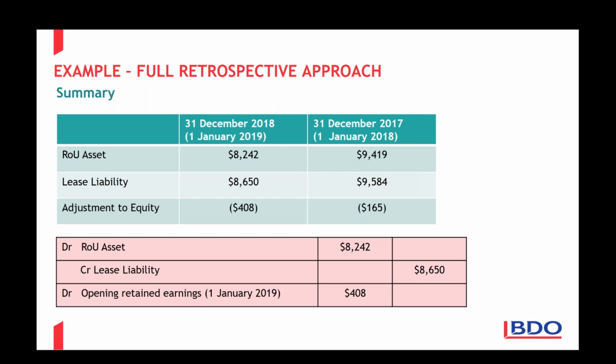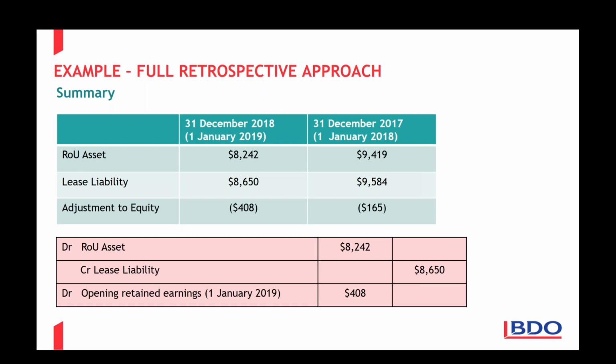However, when you start to disclose it in your financial statements, you will disclose for the current year the depreciation for that year, and you'll disclose the interest expense for that year. And for the comparative year, you'll have the interest expense and you'll have the depreciation expense, and everything that happened before the comparative year, you will adjust against opening retained earnings at the end of December 2017.